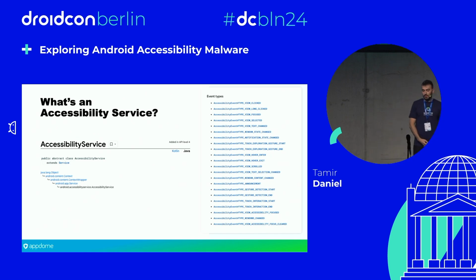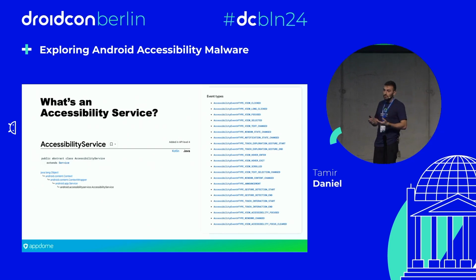Yeah, correct. So basically accessibility service is helping users with disabilities to use Android systems and devices. It's basically a background service that receives callbacks from the system once we have an accessibility event.